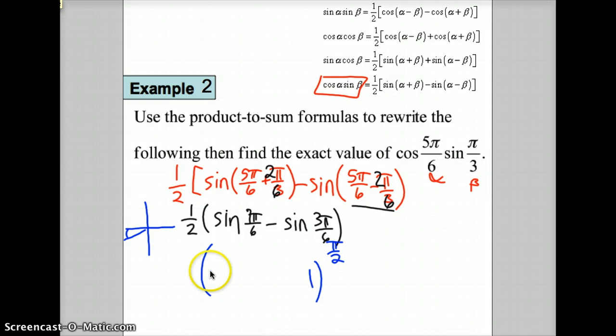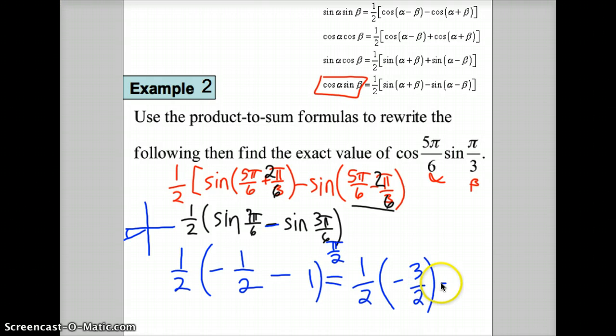The sine will be negative, and it will be negative 1/2. So we have negative 1/2 minus 1, minus coming from up here, and we have 1/2 of that. So it looks like we're going to have 1/2 of negative 3/2, which also equals negative 3/4, which is my final answer for this particular example.